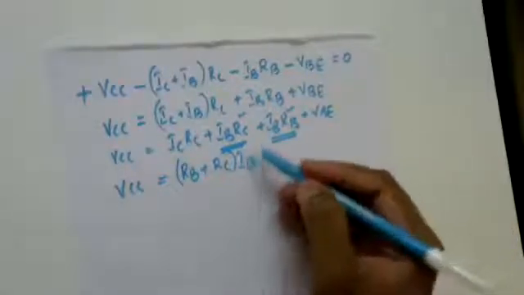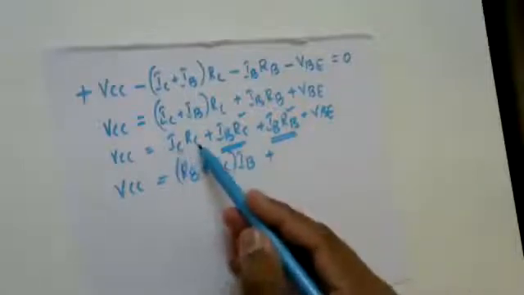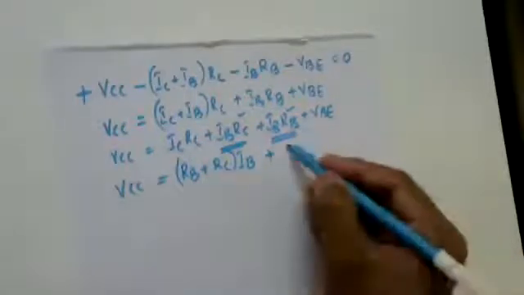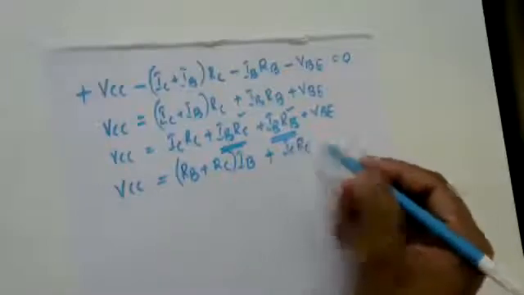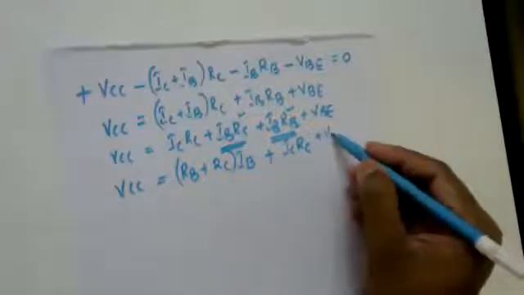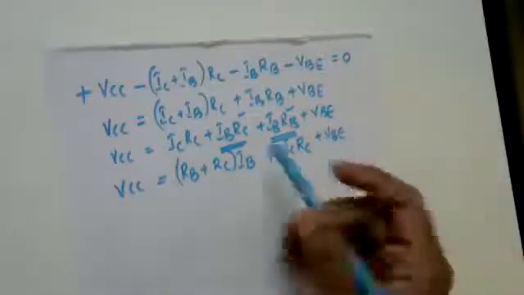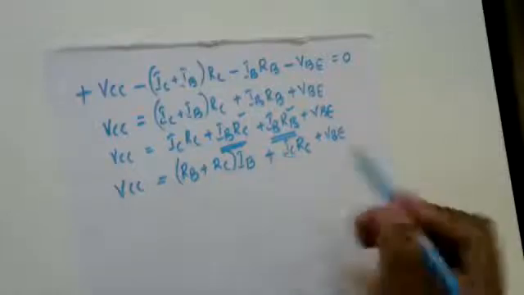So I've taken IB common outside, plus what is left out now? IC RC plus VBE.